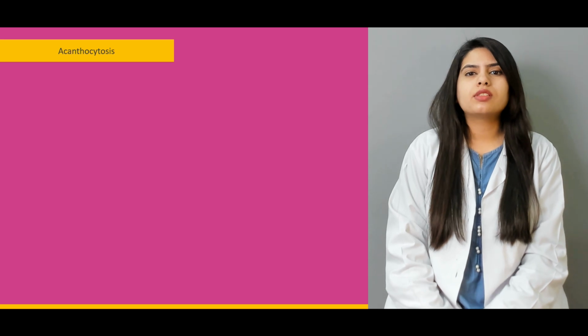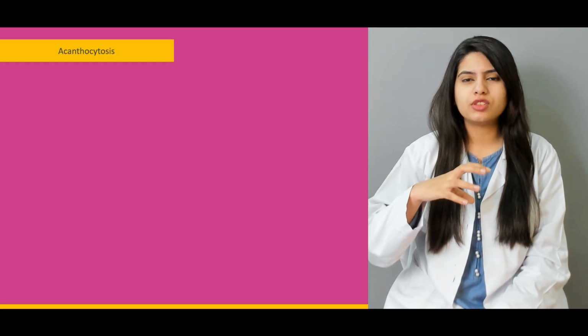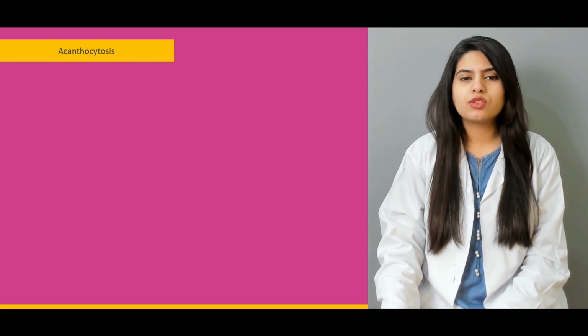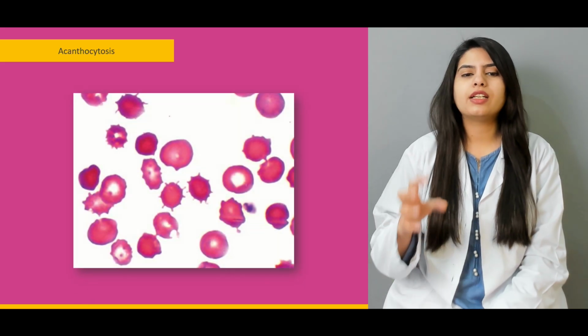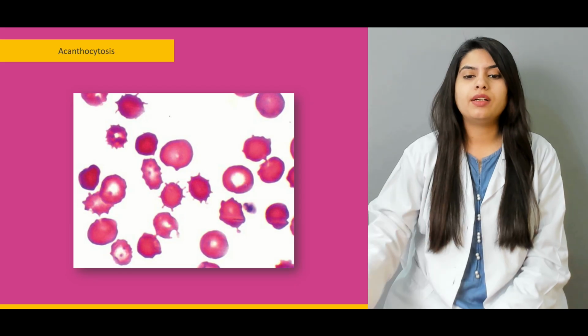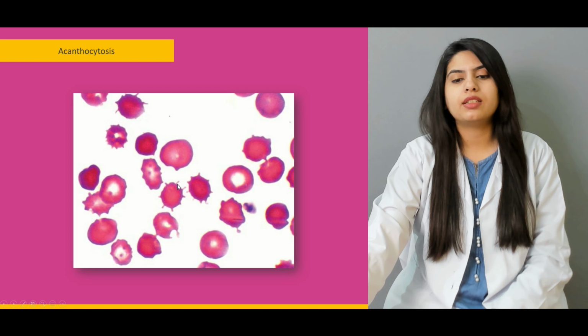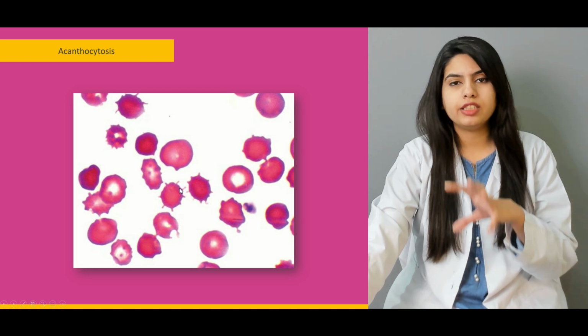Moving on to acanthocytosis. Acanthocytosis refers to the thorns, the spiny shape of the red blood cell. In acanthocytosis, there is an irregular shaped cell where there is the formation of these spines or thorns that are irregular in nature.